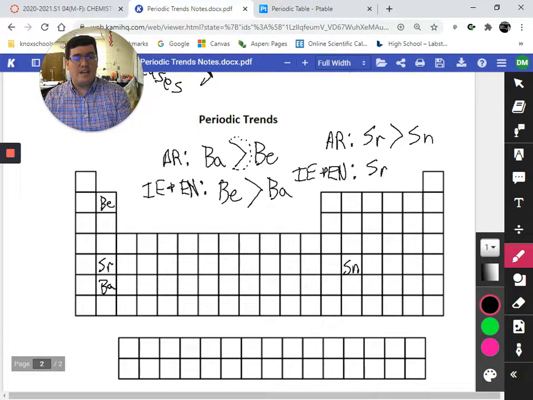I know that tin has to have a larger ionization energy than strontium, and it also has to have a larger electronegativity. Easy enough. Can you compare ones that are diagonal? You can, but things get a little difficult. And hopefully we'll get a chance to address that tomorrow.